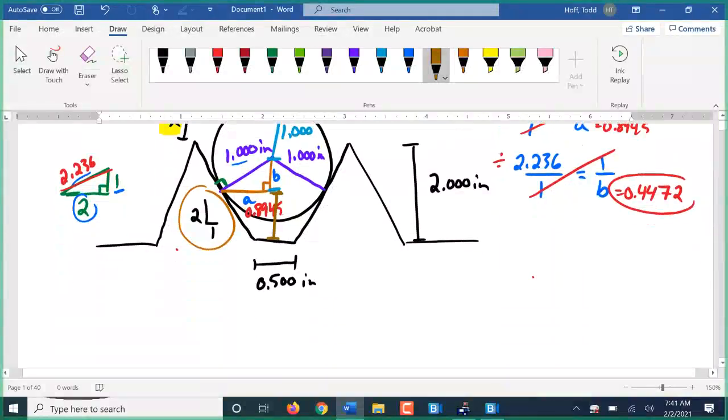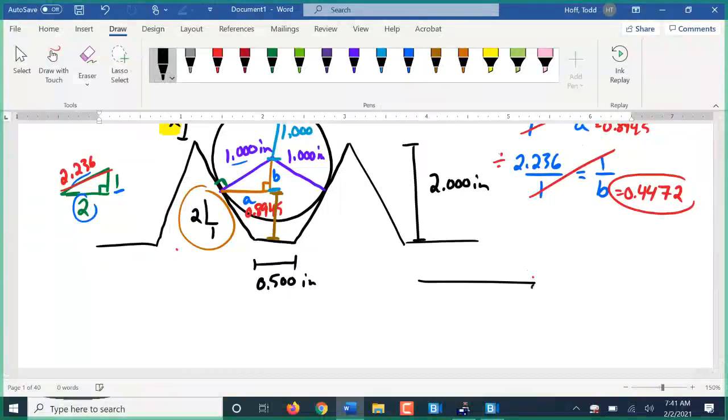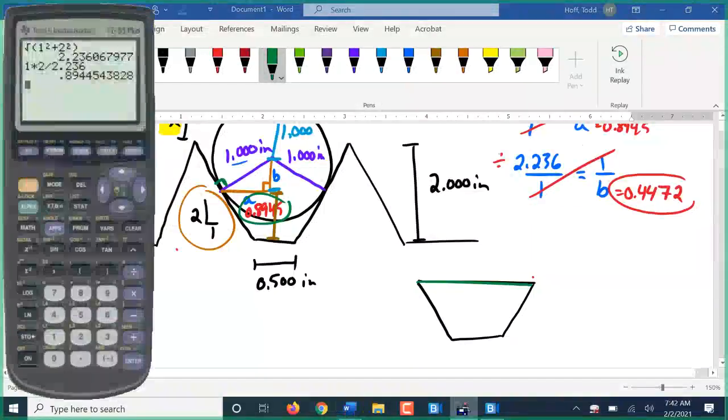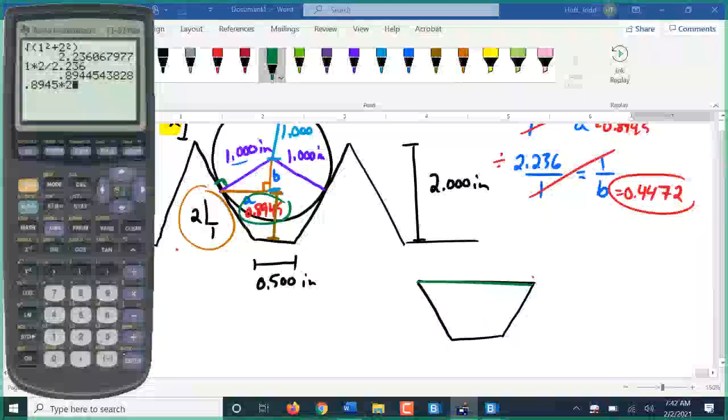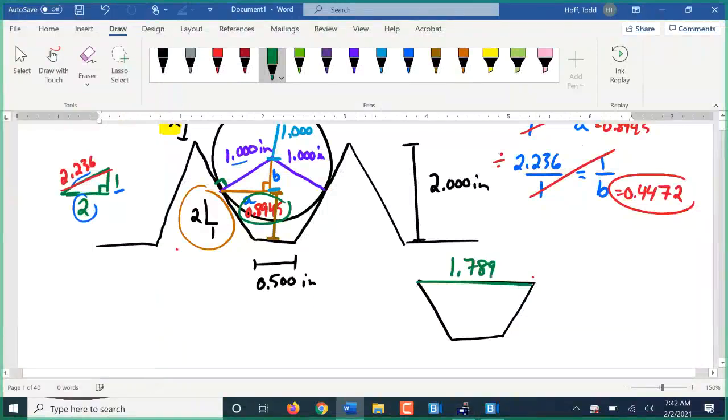To find that dimension, I'm going to look at this shape here, which is just this shape taken out of there. The distance across here is going to be 2 times the 0.8945, giving us 1.789 inches.